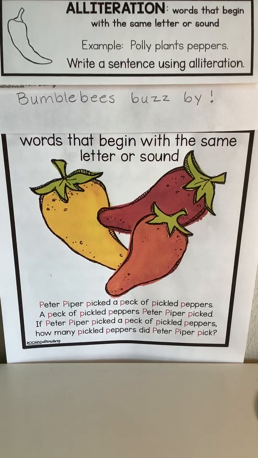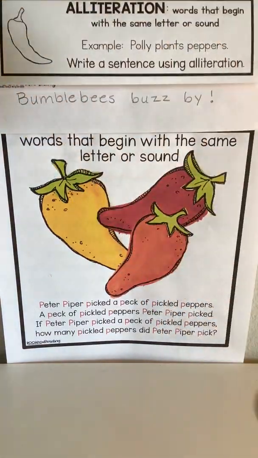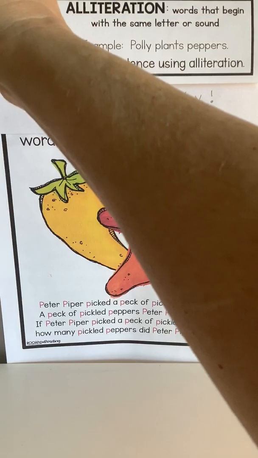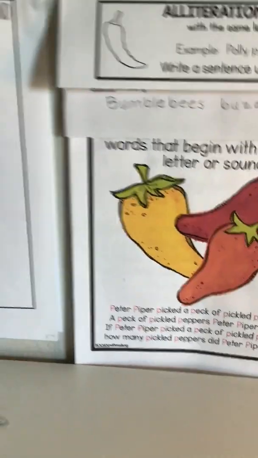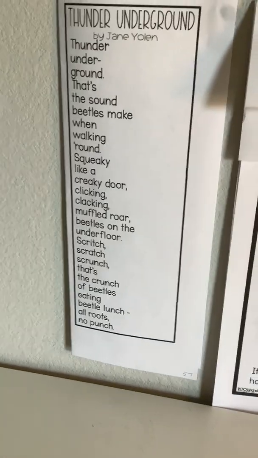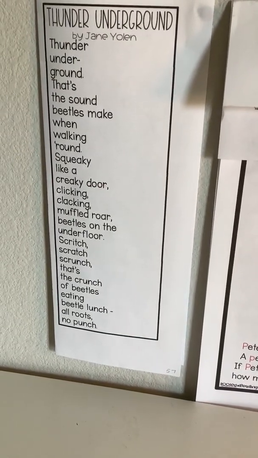Okay, so I've made a copy of the poem, and if you have a printer, you can print it out. If you don't, then you can just pull it up on your computer page and look at it, follow along as we go along. And it is the poem that we just read together, Thunder Underground.